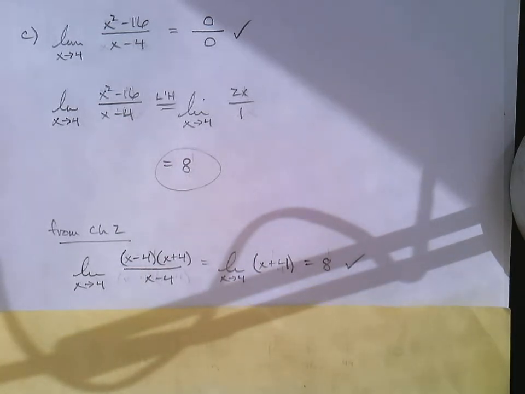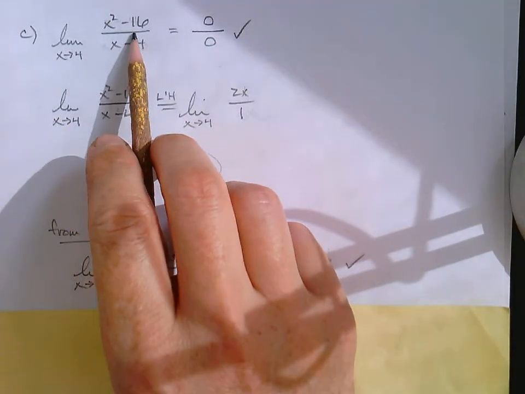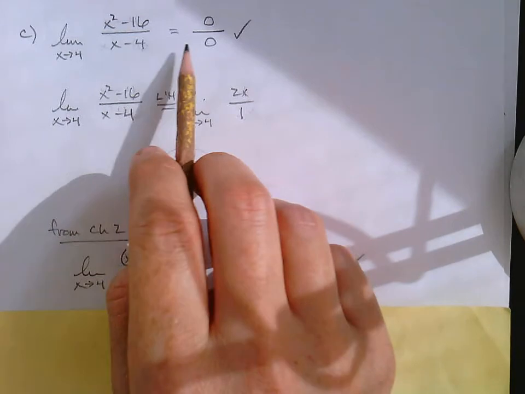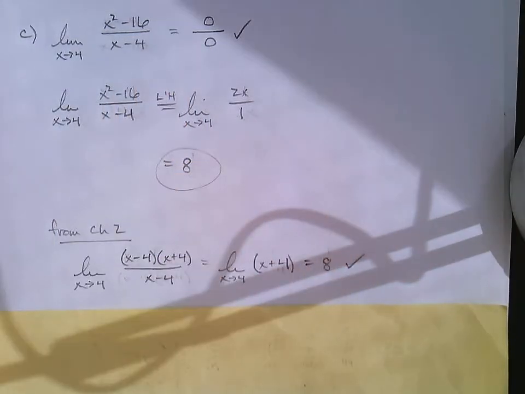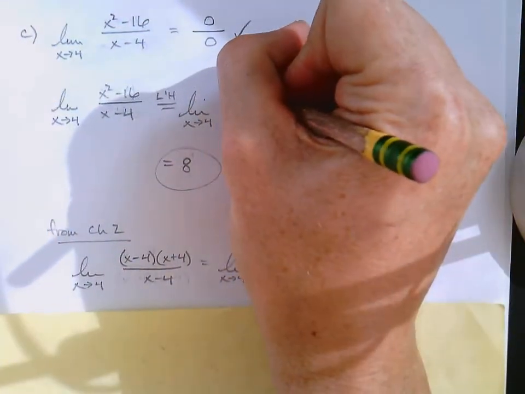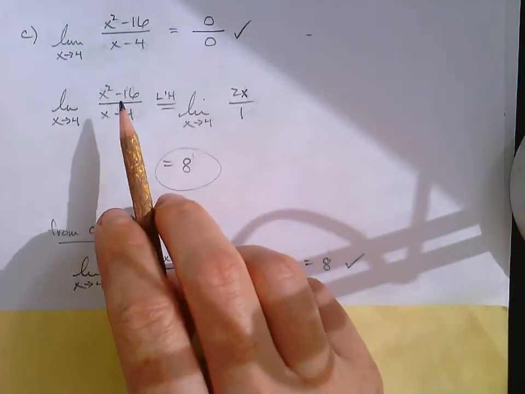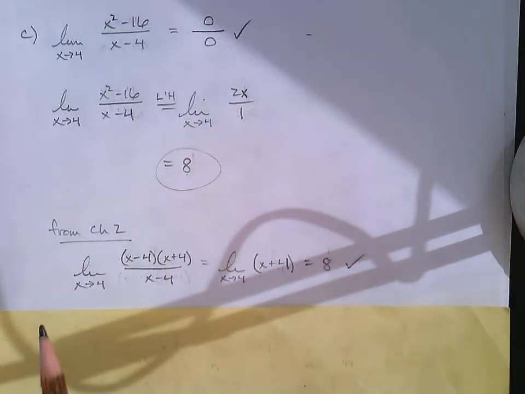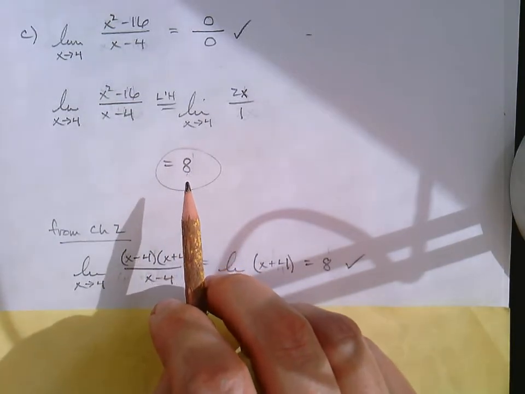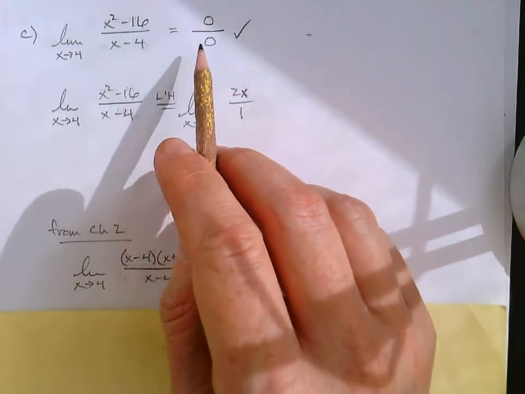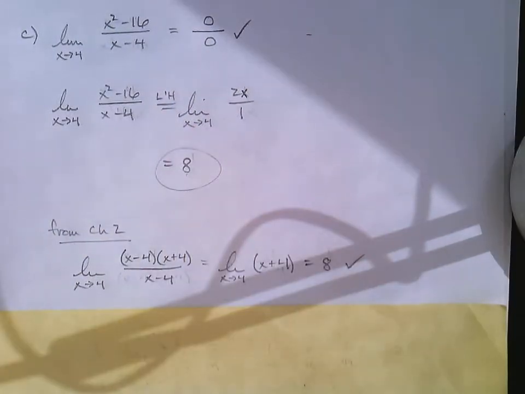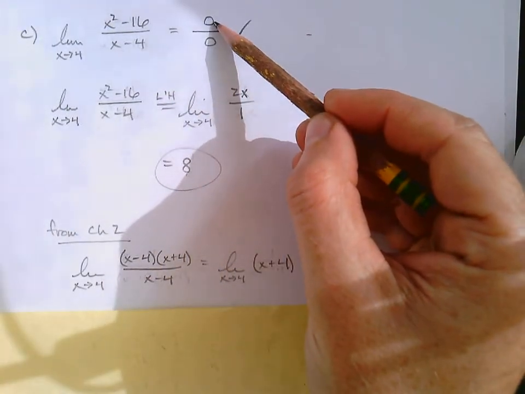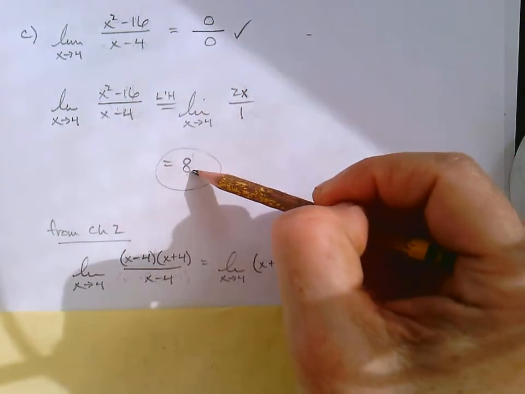Now let's think about who wins the tug of war. They were both trying to approach 0. Who got there faster? Because the answer is 8. So it turns out there was kind of this balance struck. If the numerator got to 0 faster, then the answer would be 0.